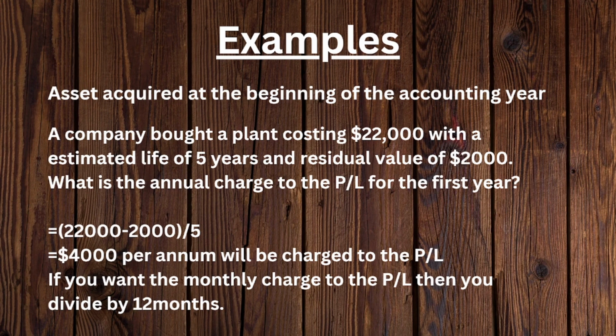So assuming the question was asking us to calculate the monthly charge of depreciation to the P&L, then in that case we would have divided the 4,000 per annum by 12 months so that we can get the monthly charge that will be posted to the P&L.